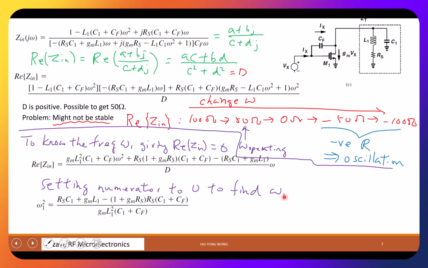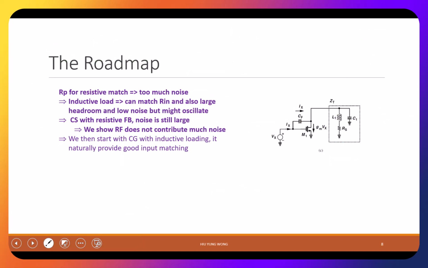This is just math. You just try to find at which point it will give me 0. But the main point is that sweeping across frequency, you will go from positive to negative. Once you go to negative, then you are in big trouble. Right? So, okay, good.